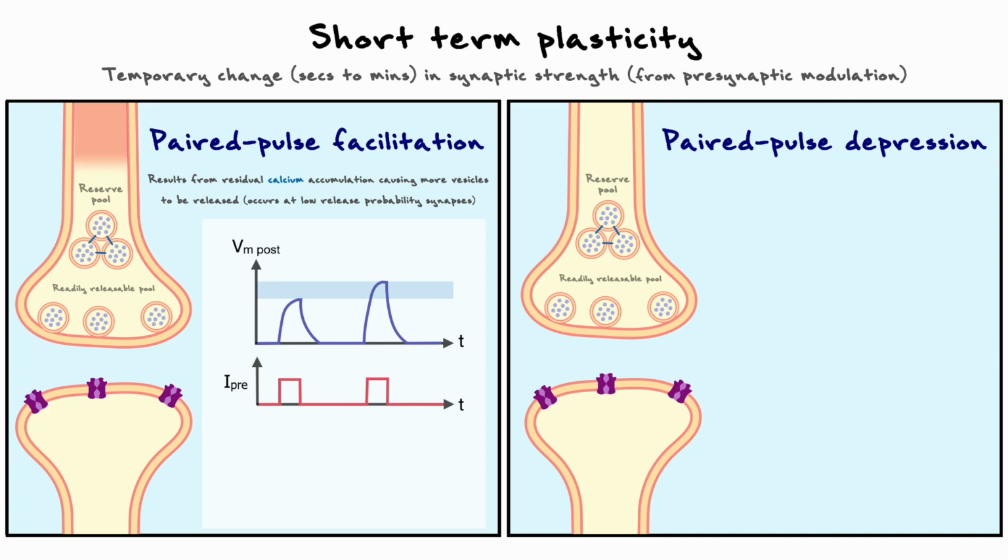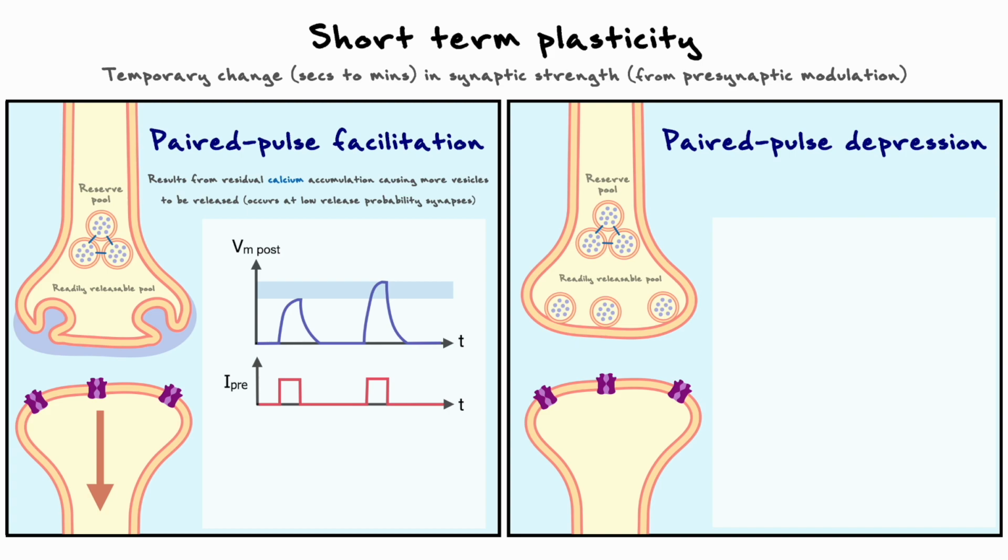When the first pulse comes and depolarizes the terminal, a certain amount of calcium, here shown in blue, enters the cell, and a fraction of it is used to release vesicles, which generates the first response in the postsynaptic neuron. The other fraction of the calcium remains in the terminal, and when the second pulse arrives shortly after, it adds on calcium that causes even more neurotransmitters to be released. Hence, the second pulse becomes bigger because more receptors get activated.